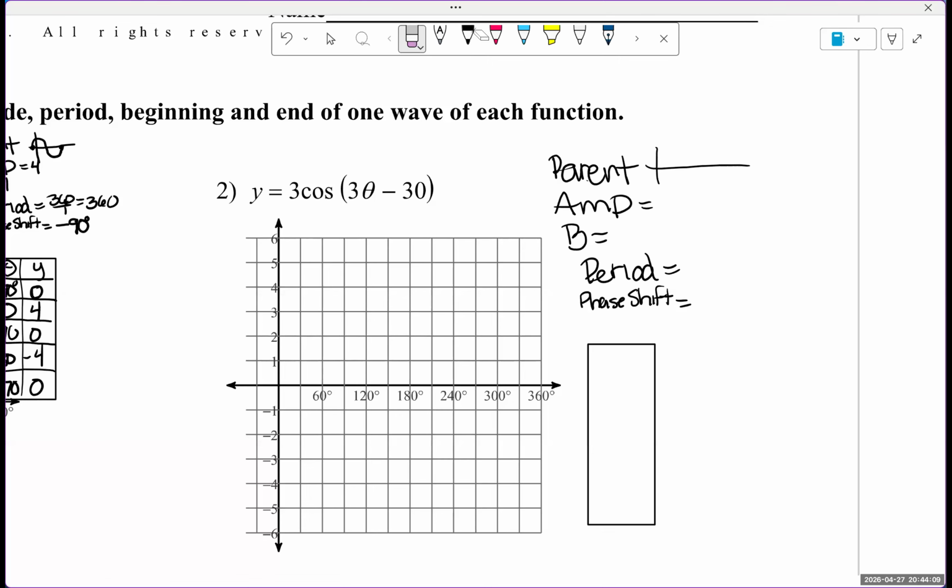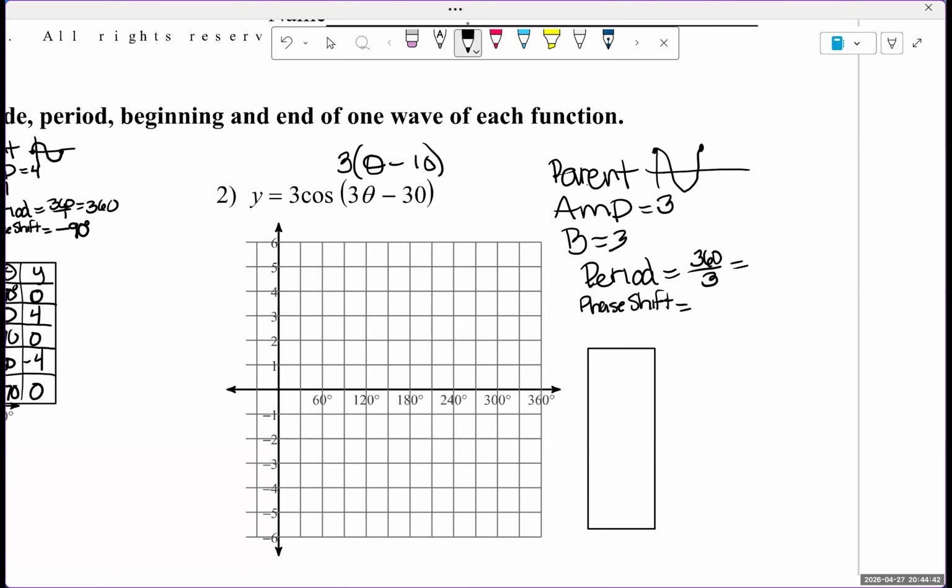Okay, number two. So now we have a cosine curve. So the parent graph of a cosine curve looks like this. The amplitude is 3. B is 3. And we need to factor out B. So the period is 360 divided by 3, which is 120.